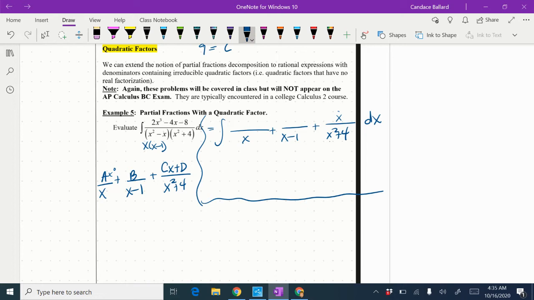So let's take a look at getting these equations written. So I know I have 2x cubed minus 4x minus 8. You'll notice, we skipped a term. So technically I have 0x squared minus 4x minus 8. All right, so now I'm going to start the multiplying.